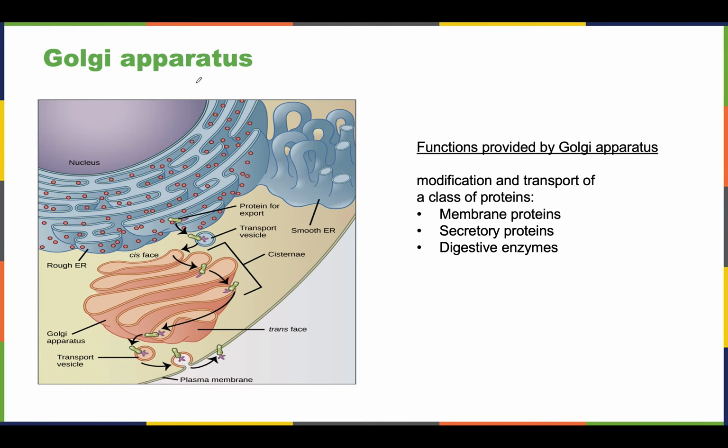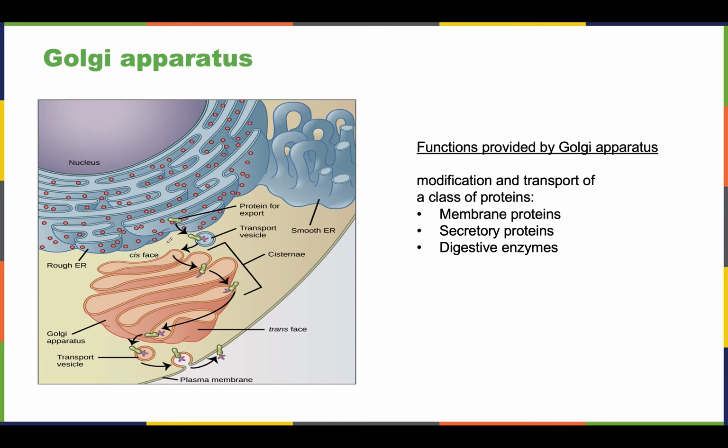Then we're going to talk about the Golgi apparatus, which is in this part of the image. And the Golgi apparatus, you can think of it as the equivalent of a FedEx packaging center. And it works very closely with the rough endoplasmic reticulum.